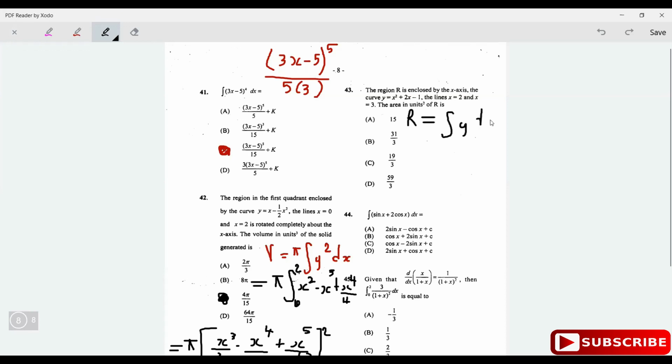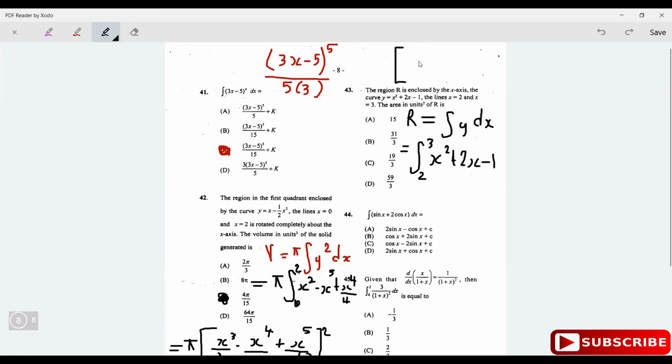That's how you find area. So R is equal to the integral from 2 to 3 of y, and y is x squared plus 2x minus 1. Now I'm going to finish it off up here.